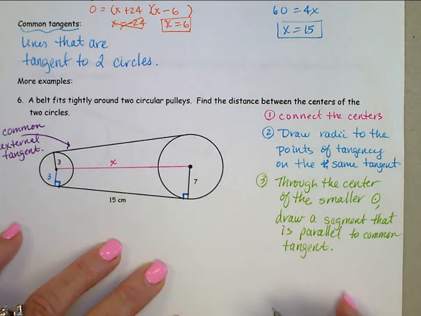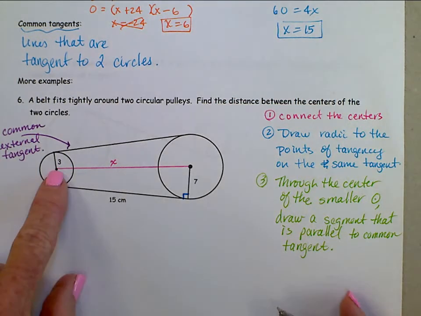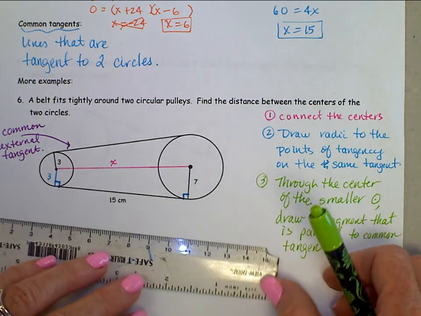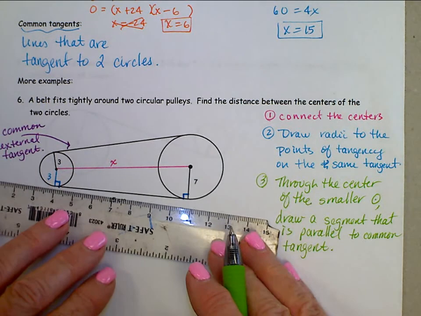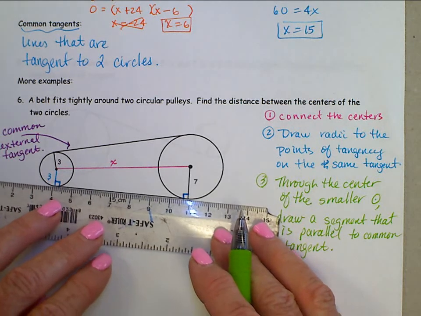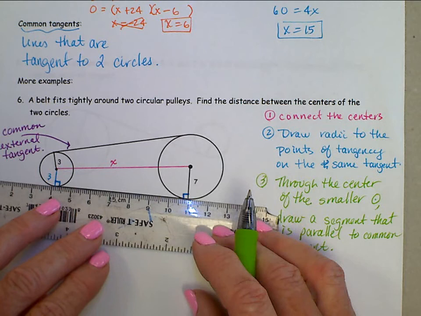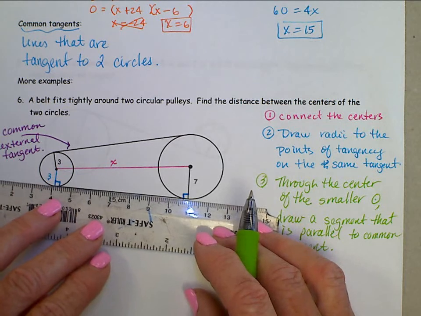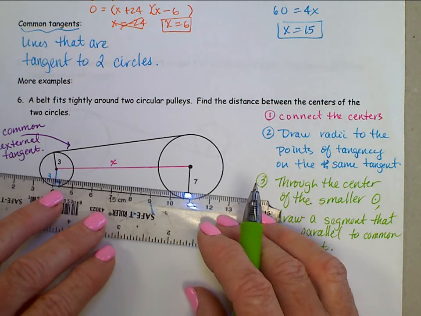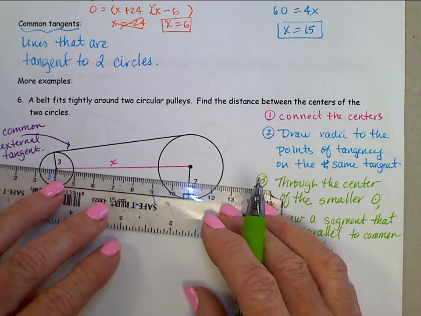So here's our smaller circle. I'm taking my ruler right here, putting it along that common tangent and parallel to that common tangent through the center. So I'm just going to slide it up right there.